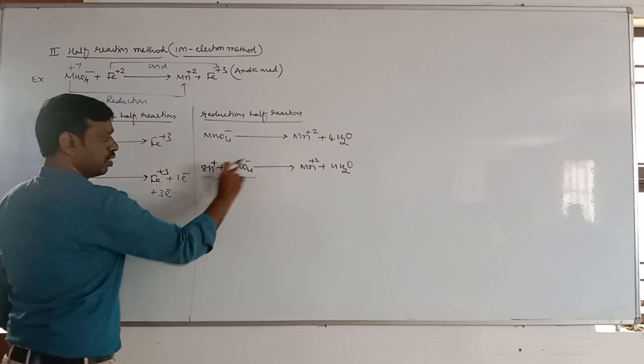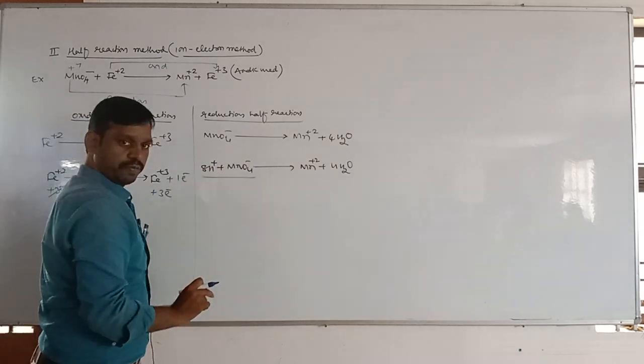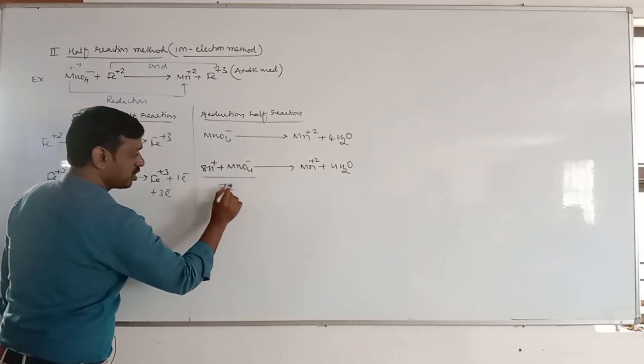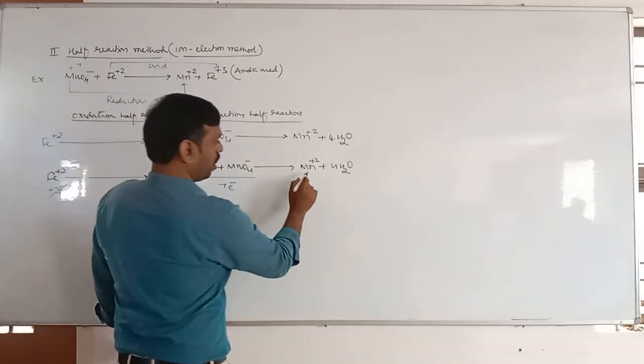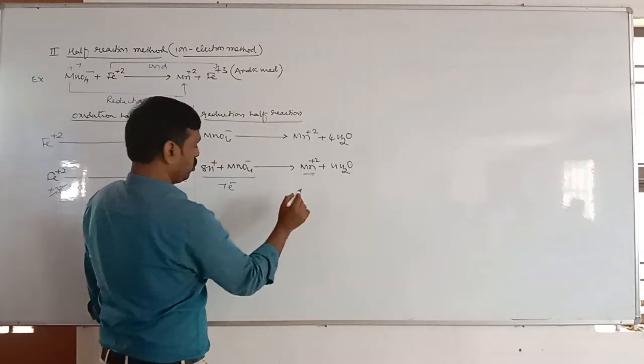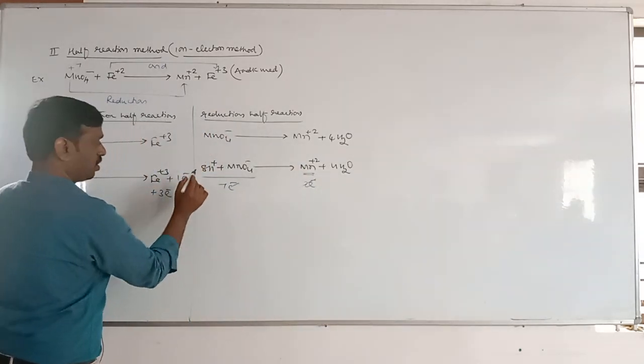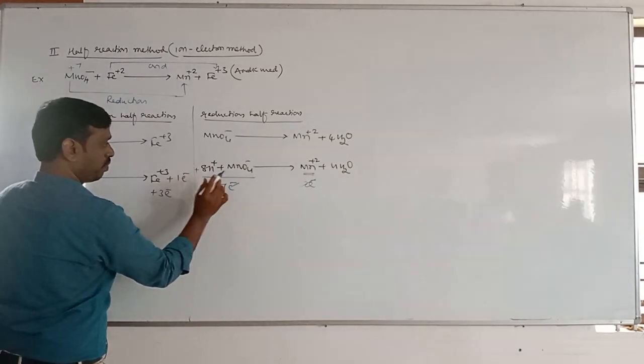Similarly, now count how many charges here. 8 positive, 1 negative. So how many total positive? 7 positive, therefore add 7 electrons. Here how many positive? 2 positive, therefore add 2 electrons here. What is left? 2 electrons cancelled, so 5 electrons.